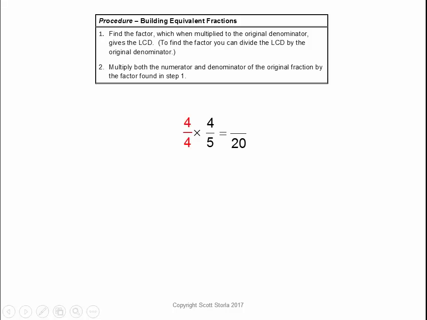So the form of 1 I want is 4/4. 4 times 5 will give me 20, and 4 times 4 will give me 16. And there's my equivalent fraction. It still has the value 4/5, but I know it still has the value 4/5 because I multiplied by 1, but it also has the denominator I needed of 20.